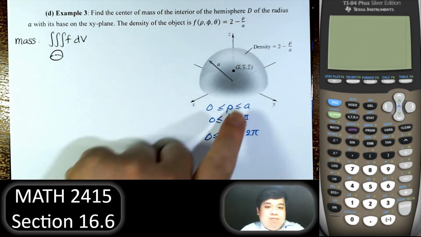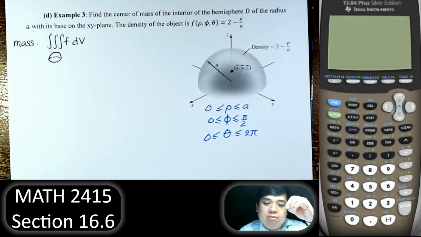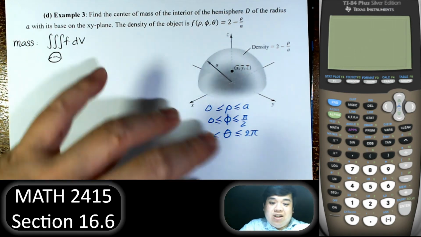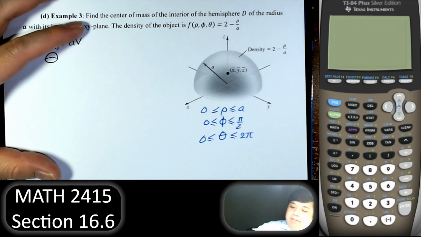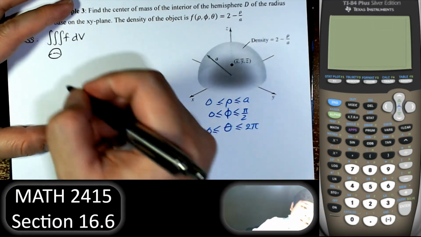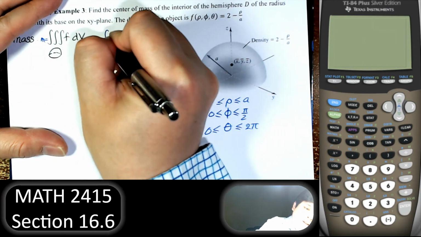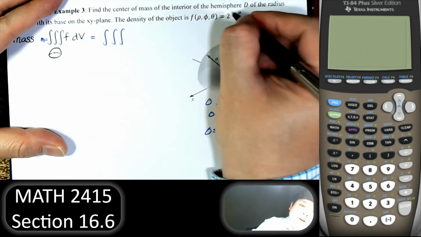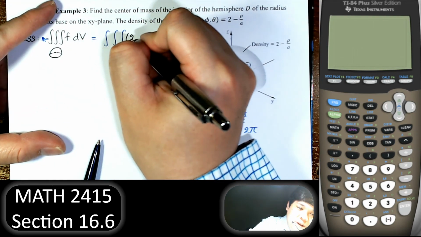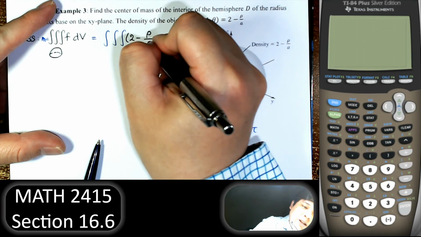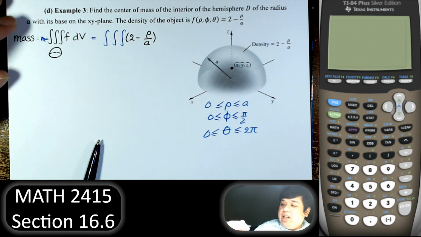Now the density here depends on rho. So the center of mass is somewhere in the middle. It might not be symmetric. Right. Now we know the limits. The density function is 2 minus rho over a, in spherical coordinates.